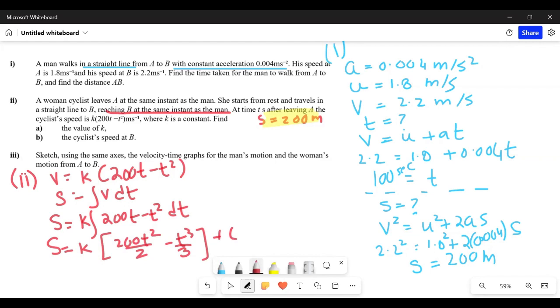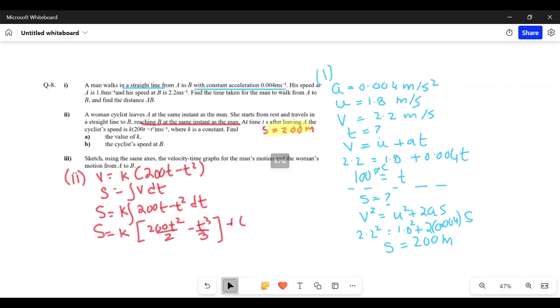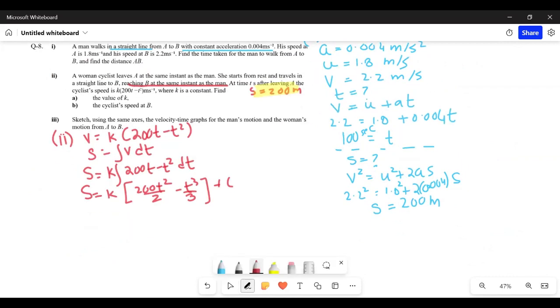Okay, now I need the value of c. How will that come? We know that the distance of 200 meters is covered in 100 seconds. So let's use that from part one. So s equals 200 meters when t equals 100 seconds.